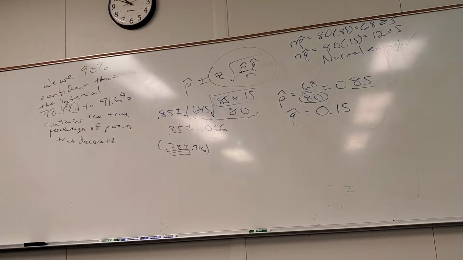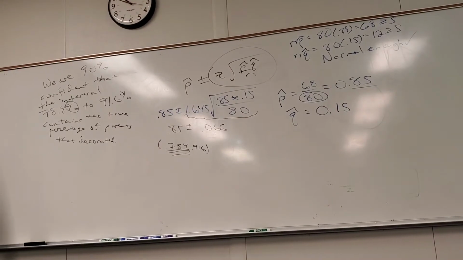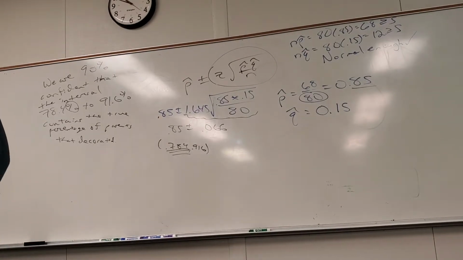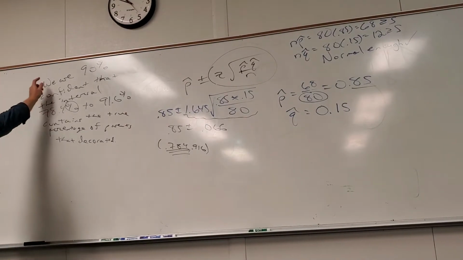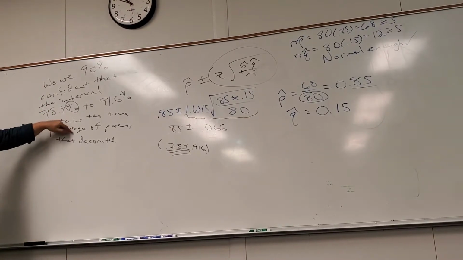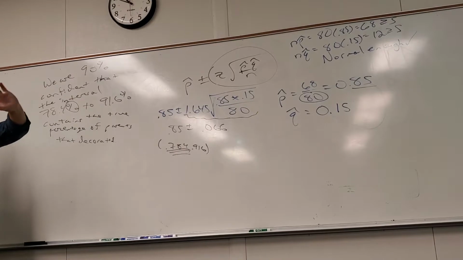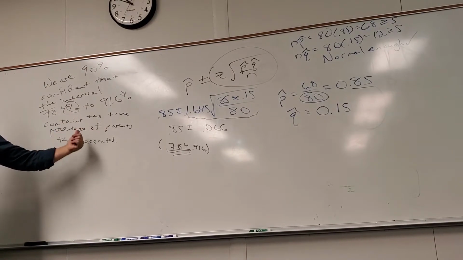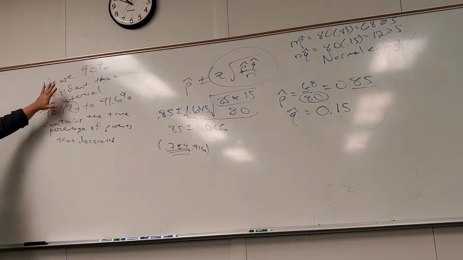I don't want you to memorize the words in the sentence, but what's important here, this is a very minute detail, but it actually is really kind of important. I can't say that I'm 90% confident that the true percentage is between these two. That sounds like the same thing I said. Does anybody agree? I just said two different things. What I have written up here is correct.